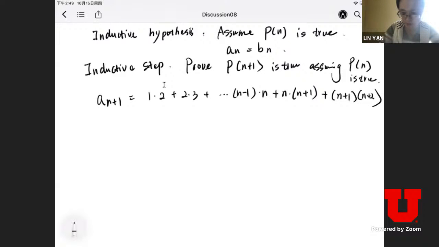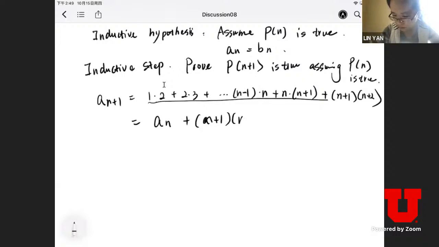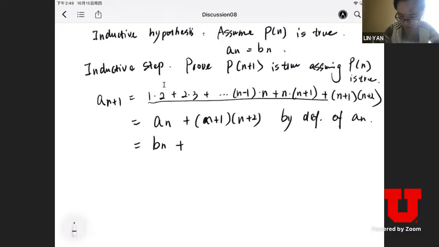So this is by the definition of An, and here it is equal to An plus n plus 1 times n plus 2. This is by the definition of An. And then it is equal to Bn plus the added item. This is by the inductive hypothesis.